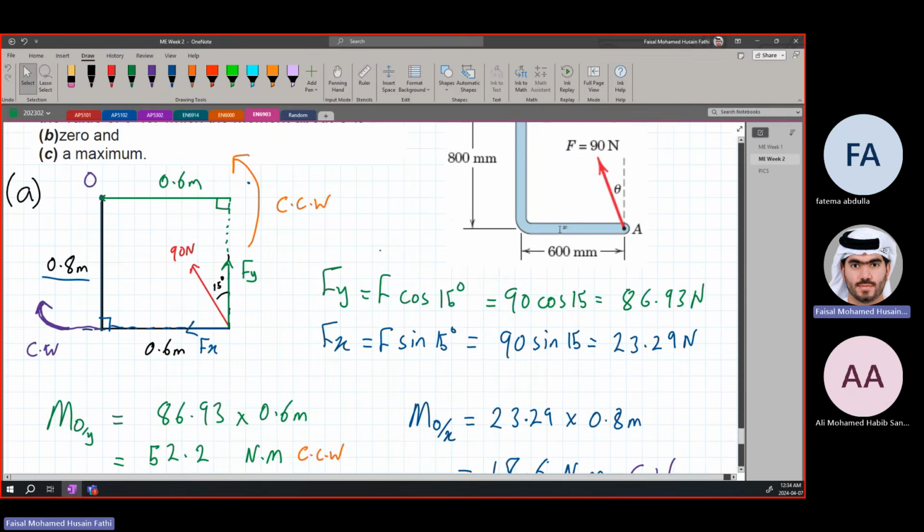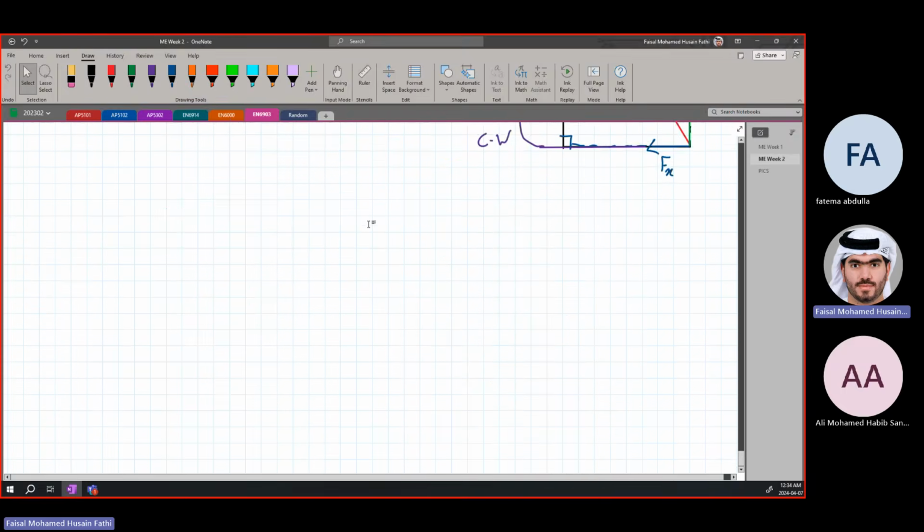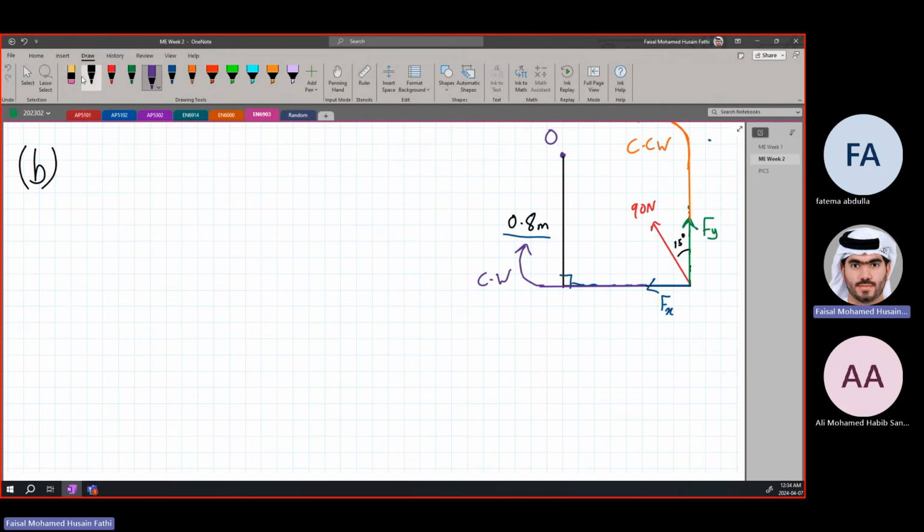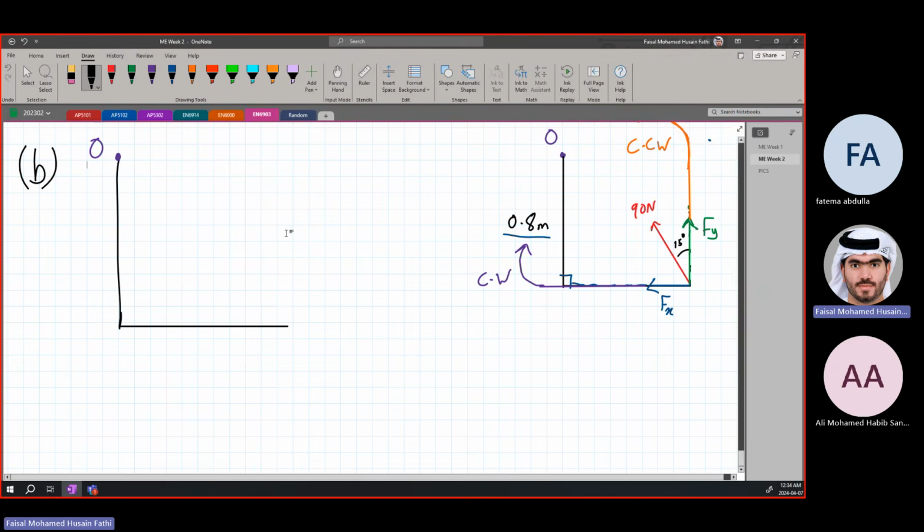So if we look at this drawing again, or let me just redraw it, the free body diagram. So we have O, and before I draw the force, what do we need to do again to get 0?